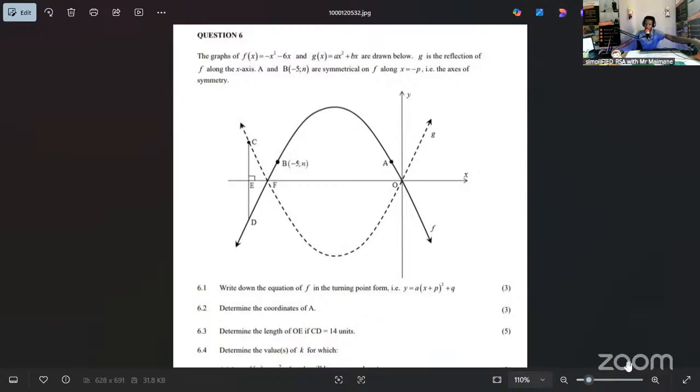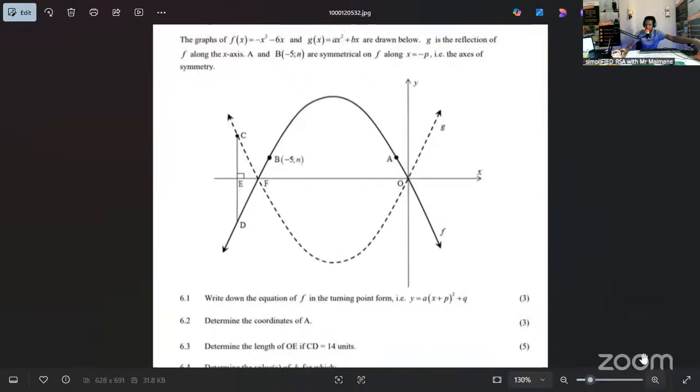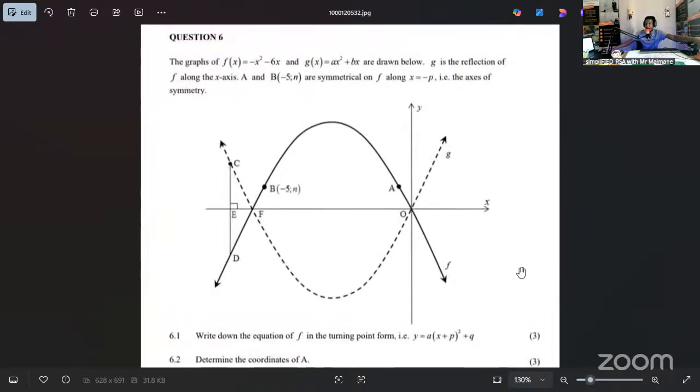Here we have the situation. The graph of f(x) is equal to minus x squared minus 6x, and g(x) is equal to ax squared plus bx. The c is 0 in this case. They are drawn below, as we see.